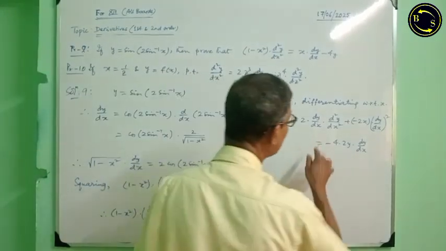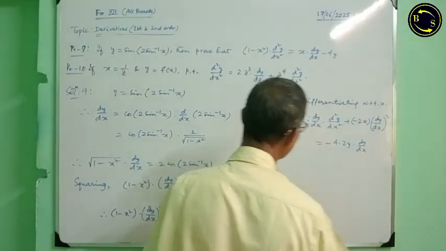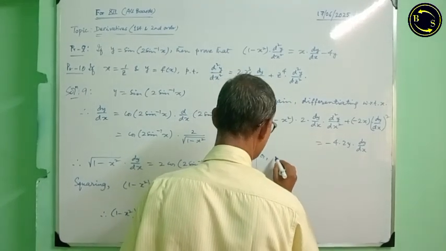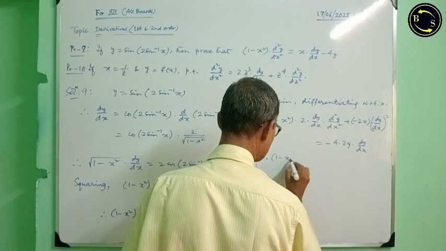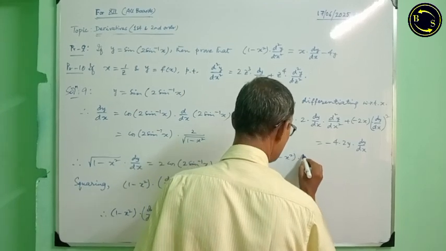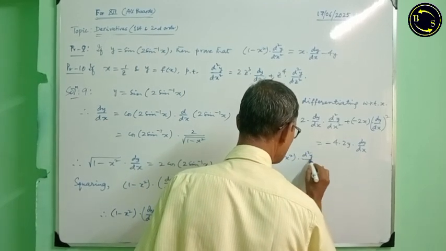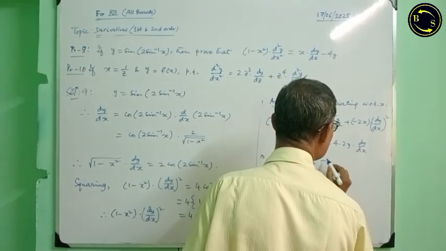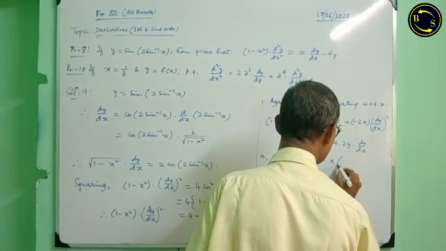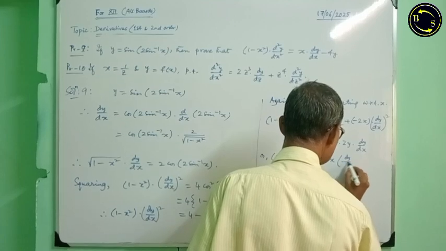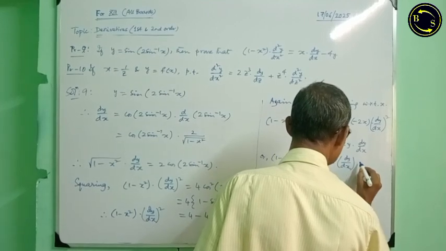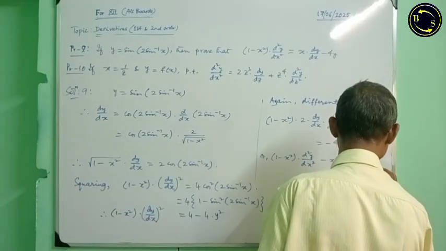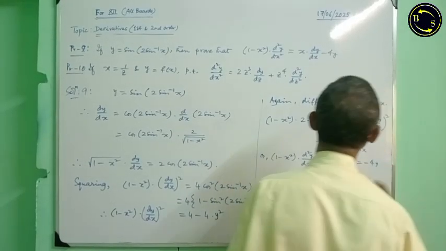Now we find dy/dx is a common factor, also 2, or (1 − x²)(d²y/dx²) − x (dy/dx) is equal to −4y.